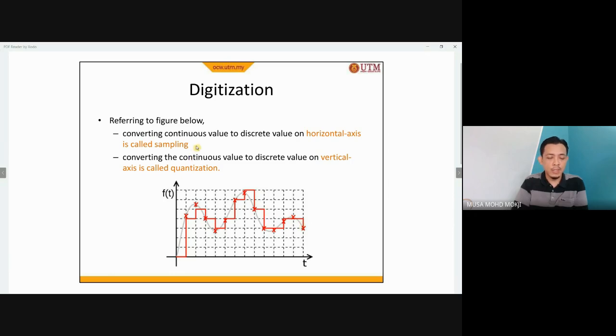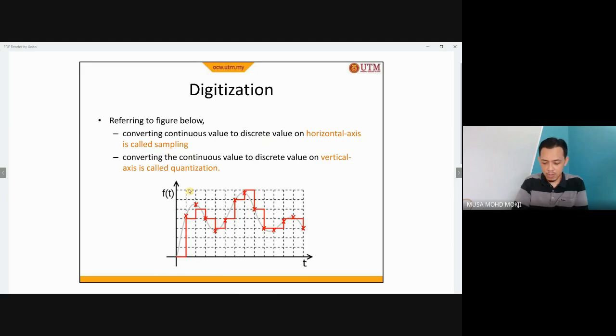In your previous courses, in digital systems, you have learned what quantization and sampling are. So what is the difference? Both are digitization processes. Converting a continuous value to a discrete value on the horizontal axis is called sampling.